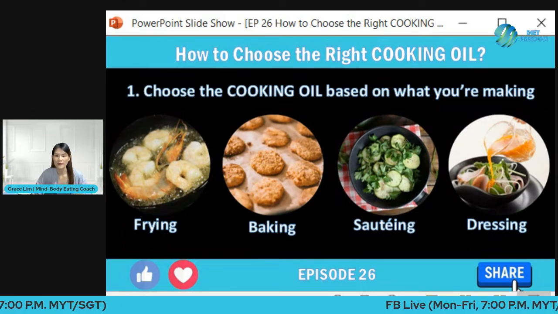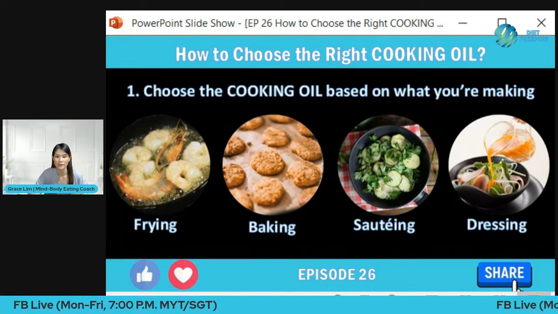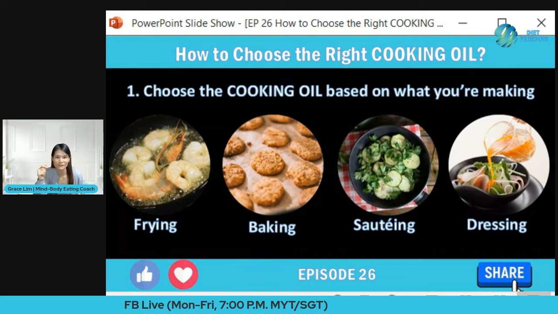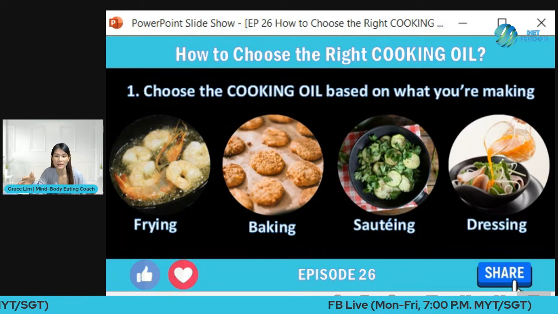On the other hand, some baking recipes are actually centered around highlighting the flavor of the oil. For example, olive oil. If you are making olive cakes, then definitely you have to go with your olive oil. So it really all depends on what you are looking for.